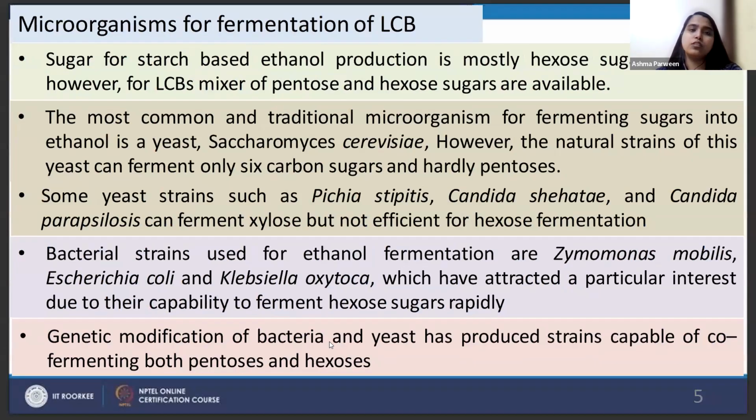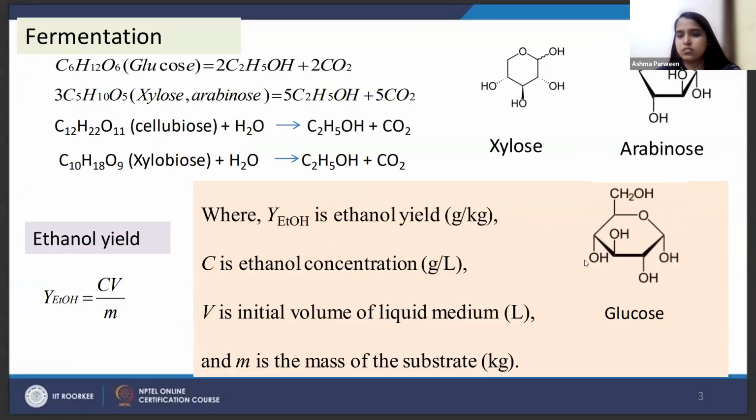Then the microorganisms used for fermentation of lignocellulosic biomass. The sugar present is mainly hexose sugar, that is glucose. One of the hexose sugars is glucose. It has 6 carbons; this is a figure of glucose, with 6 carbons in its ring.